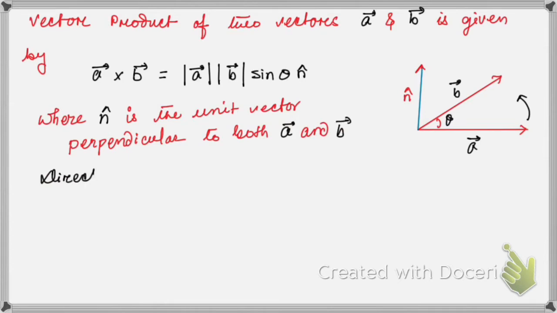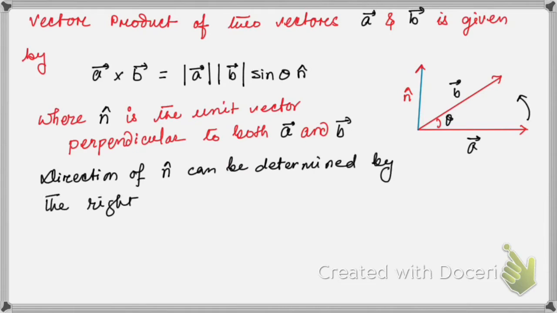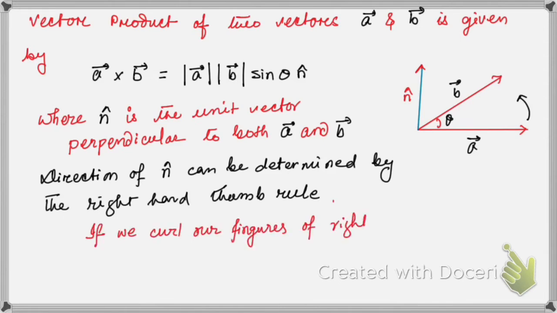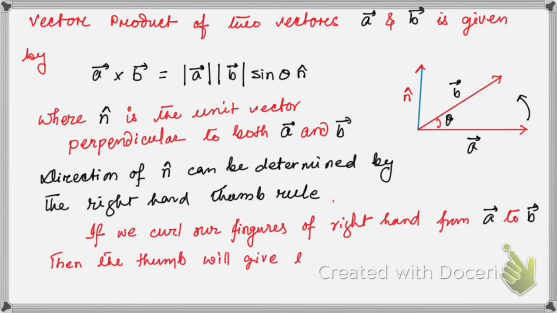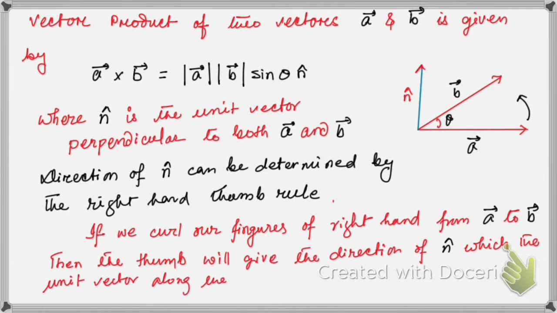Now you see, the direction of n cap can be determined by the right hand thumb rule. If we curl the fingers of our right hand from vector A to vector B, then the thumb will give the direction of n cap, which is the unit vector along the resultant vector of A cross B, right?